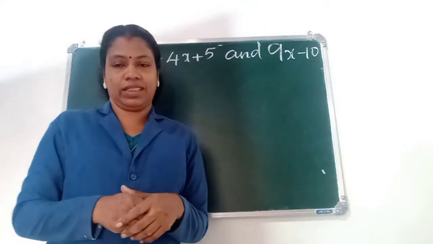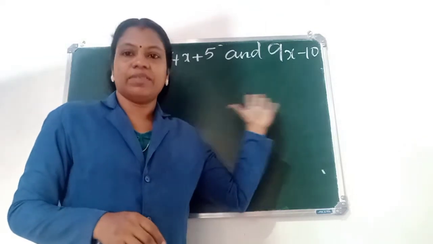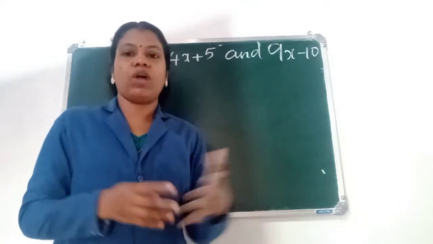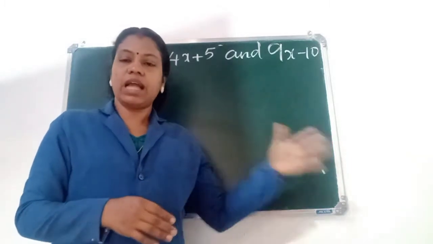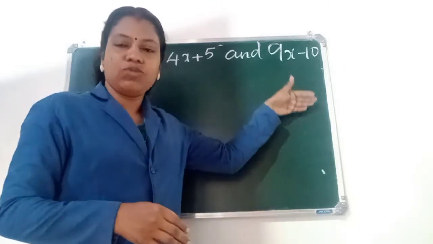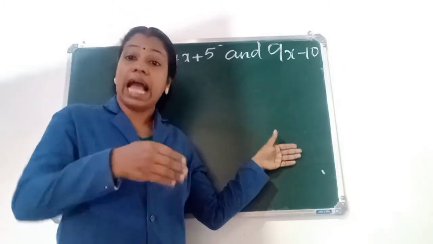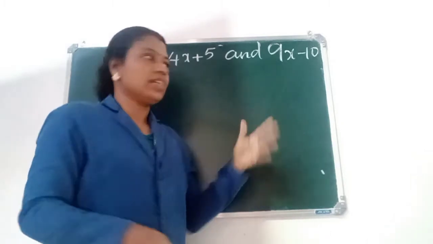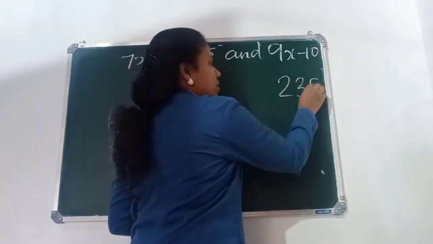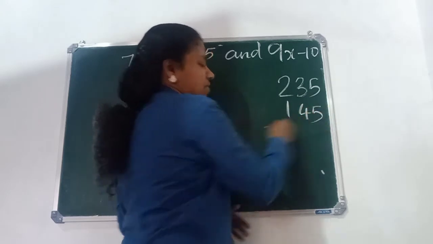There are two methods to add expressions. One method is similar to how we add whole numbers. Write one number and write the next like term below that term, then add, as usual, how to add numbers 235, 145, this way.